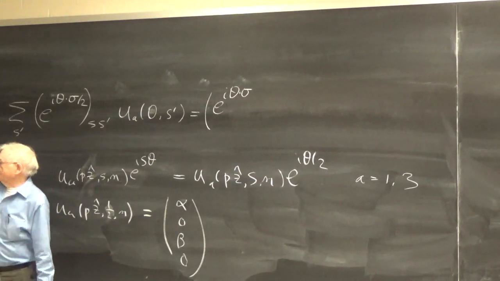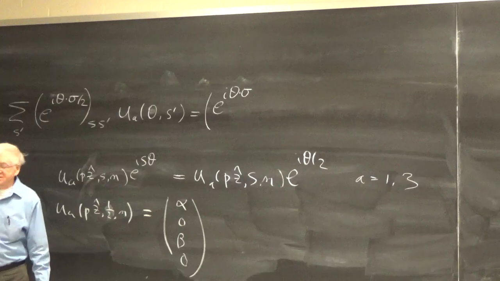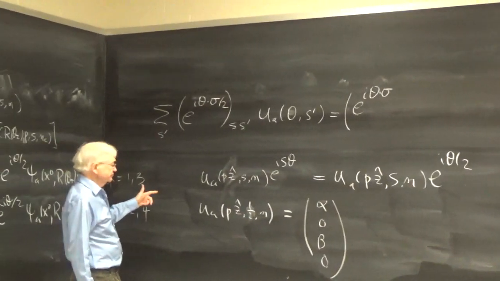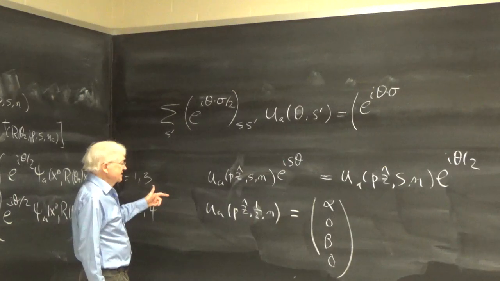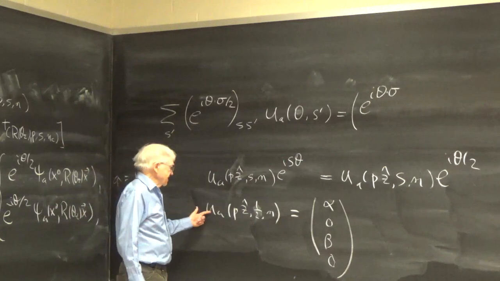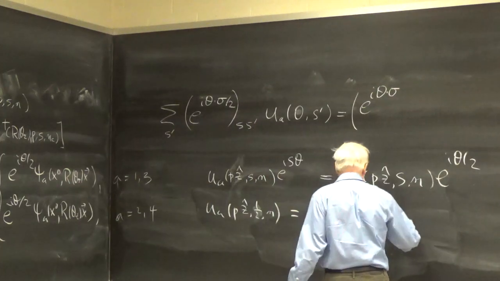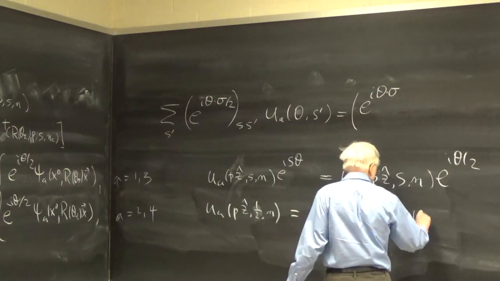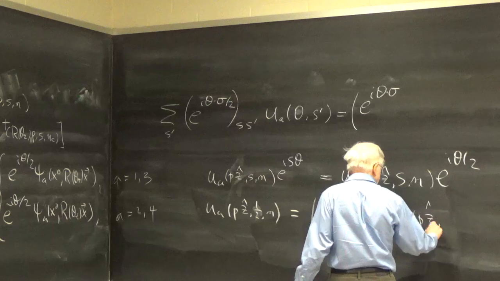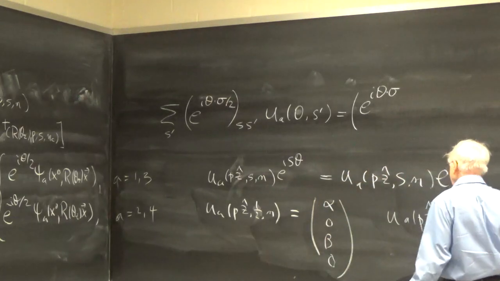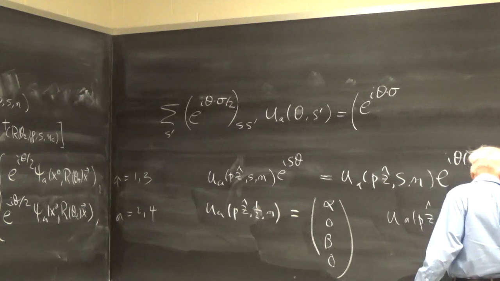So here for a equal to 1 or 3, we have the plus, and that means that the spin up spinor has to look like that. On the other hand, u_a of p z-hat, minus a half, n has to be something like this: 0, gamma, 0, delta.